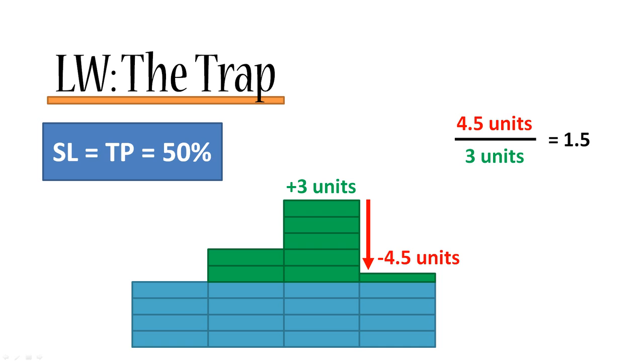So this is an example of where you earn 3 units of currency, and then on the next trade, if it is a loss, you actually lose 4.5 units. So that ratio 1.5 can be different depending on the Larry Williams setup, but the whole principle of the trap was that your stop loss will always occur after your previous take profit.